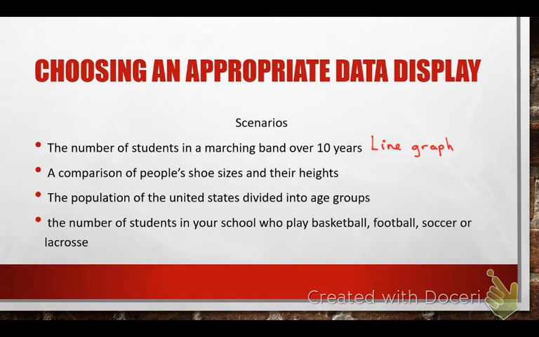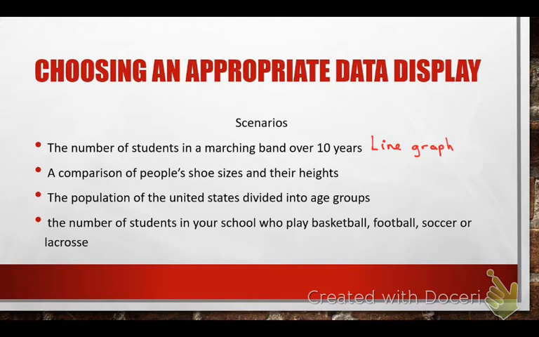A comparison of people's shoe sizes and their heights. Nick? A dot plot? No, because what if it's like a lot of people? What if it's like 100 people? Then it's 100 dots. That would be kind of tough. Cam? Scatterplot. That's a scatter plot.